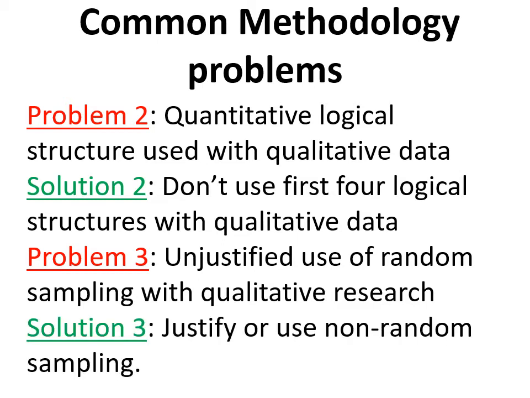So justify. So here, by justify, I mean justify the use of random sampling, or just use some non-random sampling procedure, right? Like snowball sampling, or one of the other many kinds of non-random sampling.